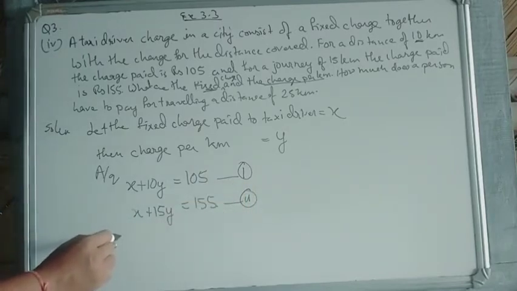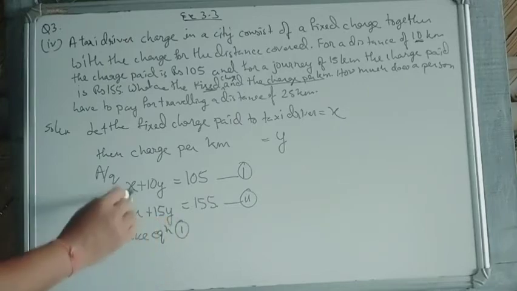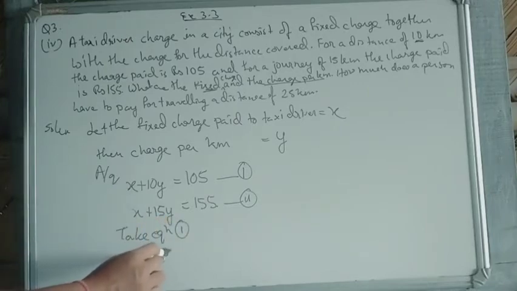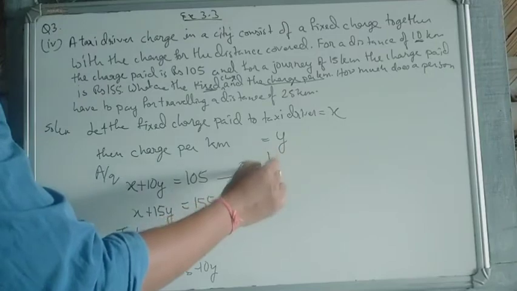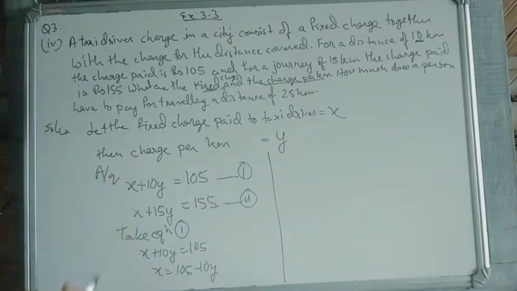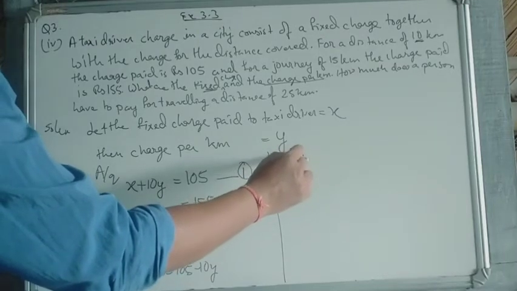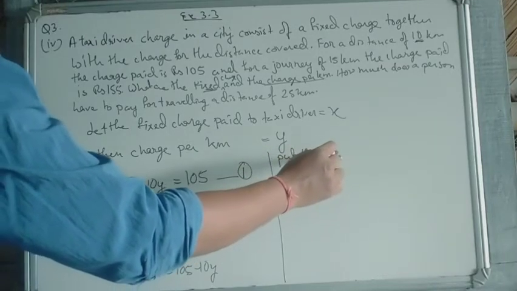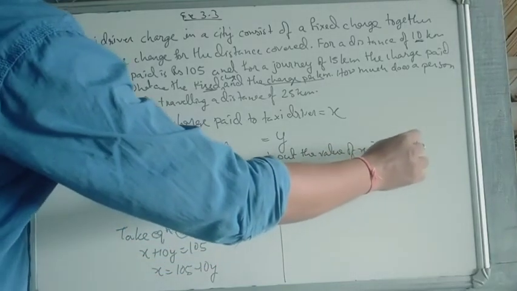So take equation 1: x plus 10y equal to 105. So x will be equal to 105 minus 10y. The 10y goes to that side and the sign becomes minus, so we got the x value. Now we put this value of x in equation 2.